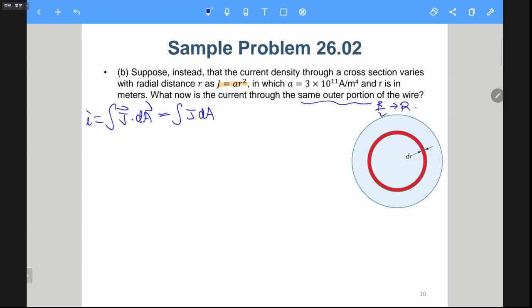Next, J is AR squared, so we have AR squared here.